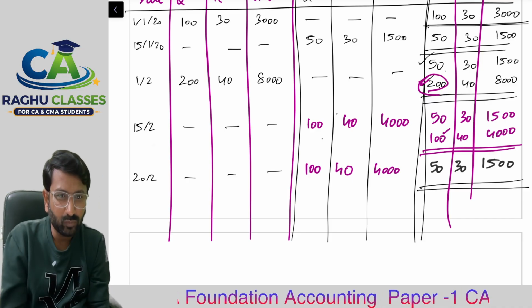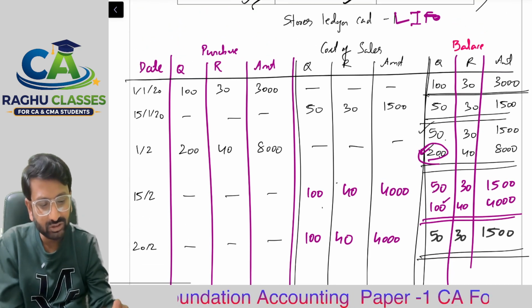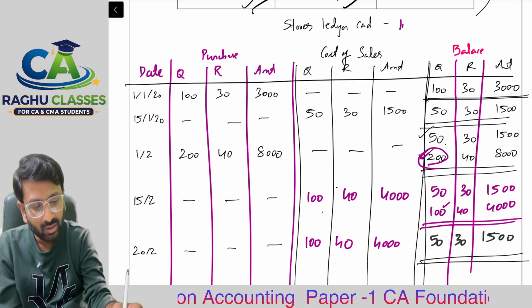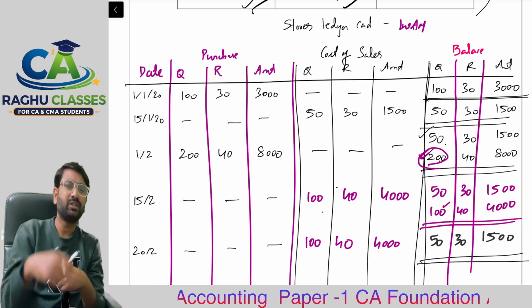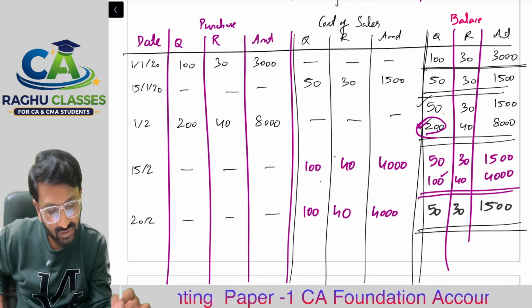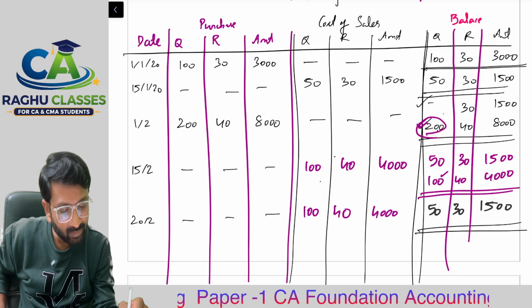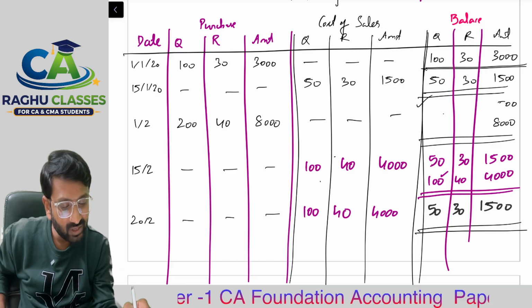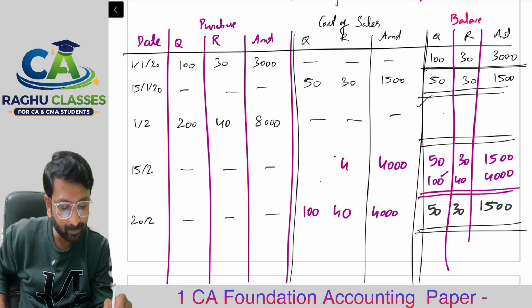Now, moving on. The same question, let us try to do as per weighted average method. Weighted average method is a very simple method. Here what we'll do, can we say first two transactions same, opening balance is there, then we have some purchases given. We'll directly discuss from the third transaction.